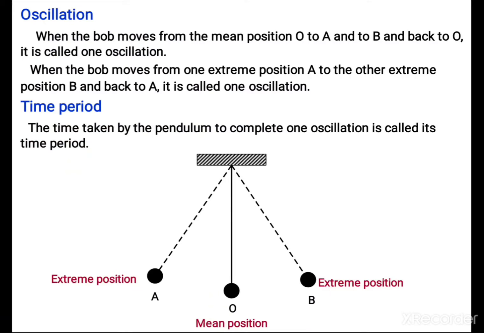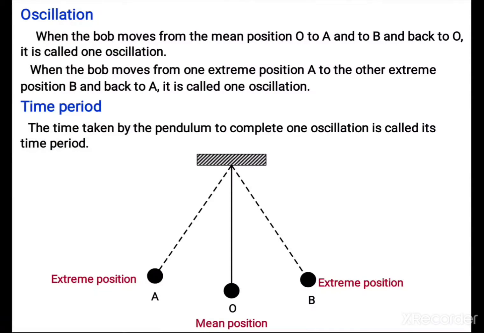Oscillation. When the bob moves from the mean position O to A and to B and back to O, it is called one oscillation.